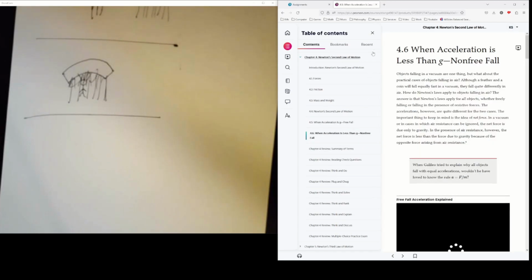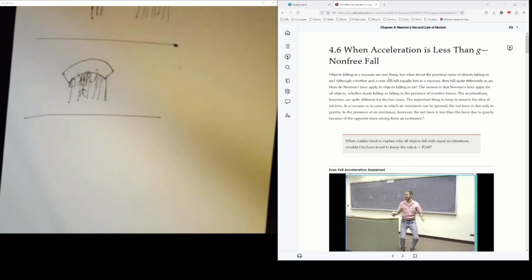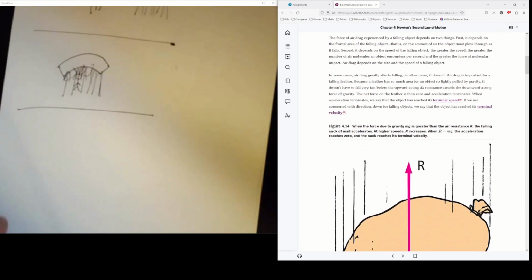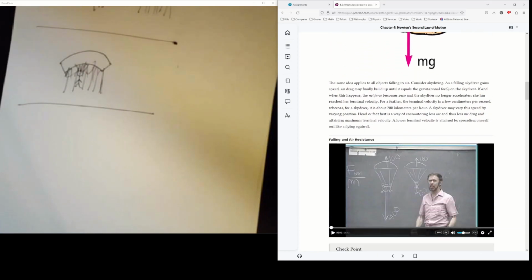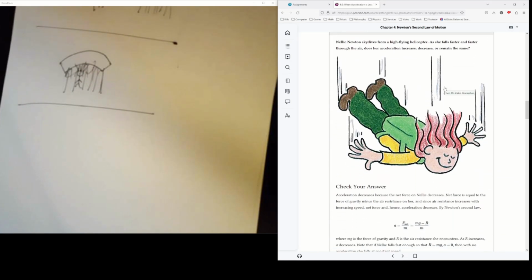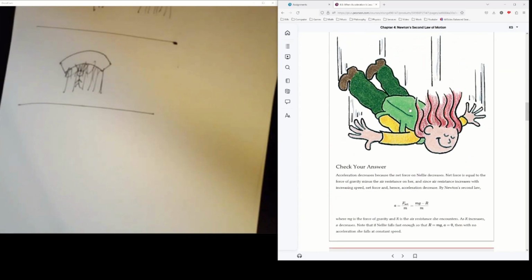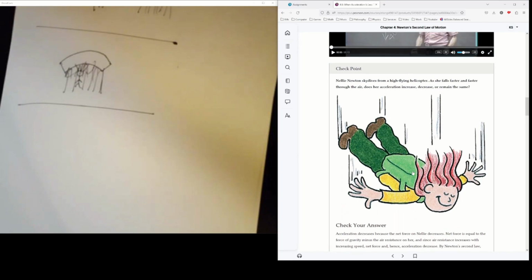And here it is. So when acceleration is less than g, they're going to talk about air resistance. And they're just going to give some numbers here. So showing a person falling down. They haven't opened their parachute yet there.